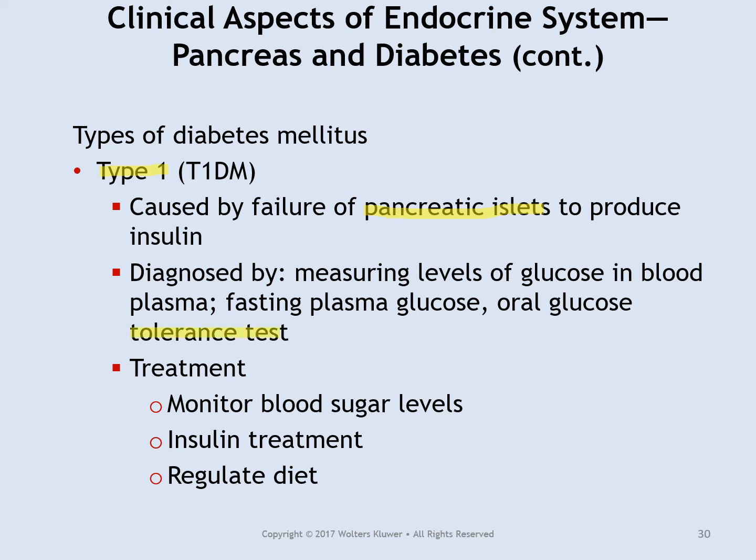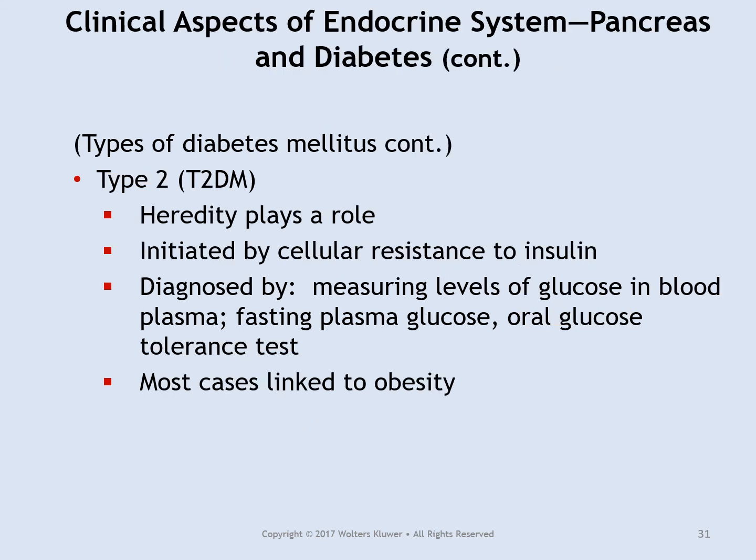And the glucose tolerance test. And to treat it, you can monitor blood sugar levels and need insulin to replace the insulin that is not being produced by the pancreas, and stay away from sugars primarily in the diet. More complex carbohydrates and those types of things.